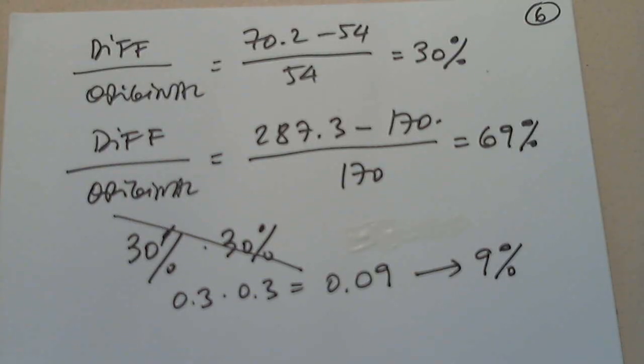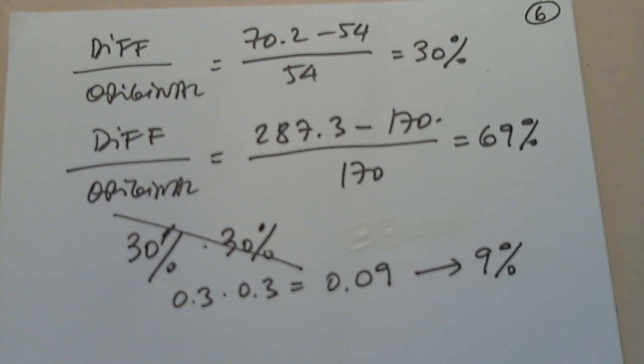So let's go back. Careful here. 9%. So the new perimeter is found by adding. So we're determining the increased quantities, and we're adding them.